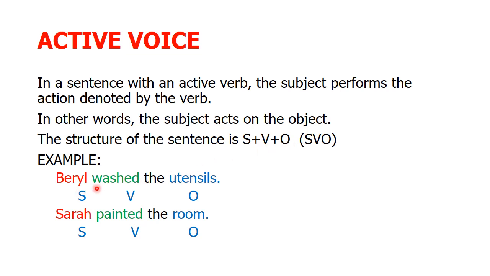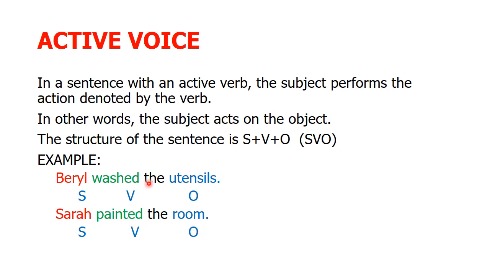For example, Beryl washed the utensils. That sentence is in active voice, so Beryl is the subject followed by washed, which is the action or the verb, and then the utensils is the object. The second example, Sarah painted the room. Sarah is the subject, painted is the verb, and the object is the room.